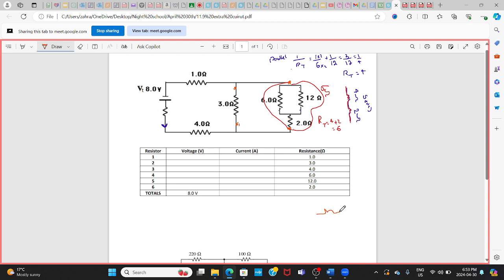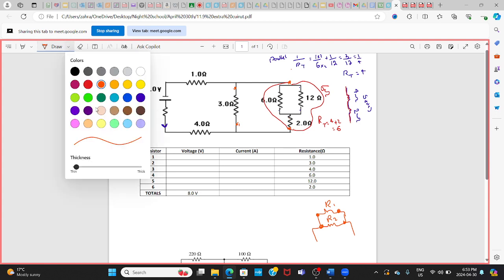When they are like this, the two ends of R1 are connected to the two ends of R2 without any interruption, right? So these are parallel, make sure. The whole thing here is connected to the 3 ohm in parallel. I'm going to use a different color, maybe to show that better.